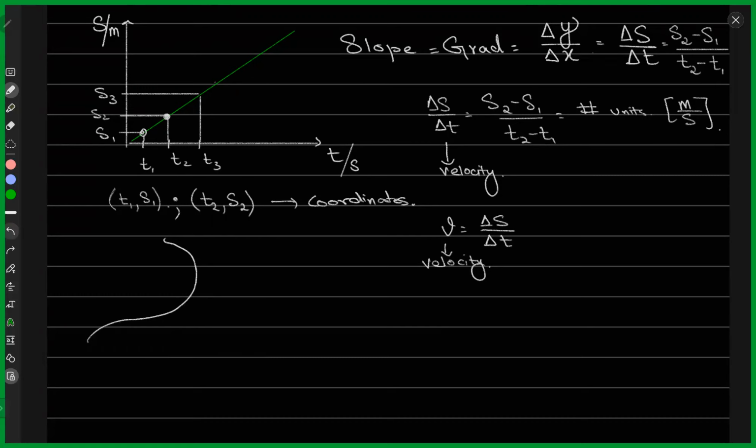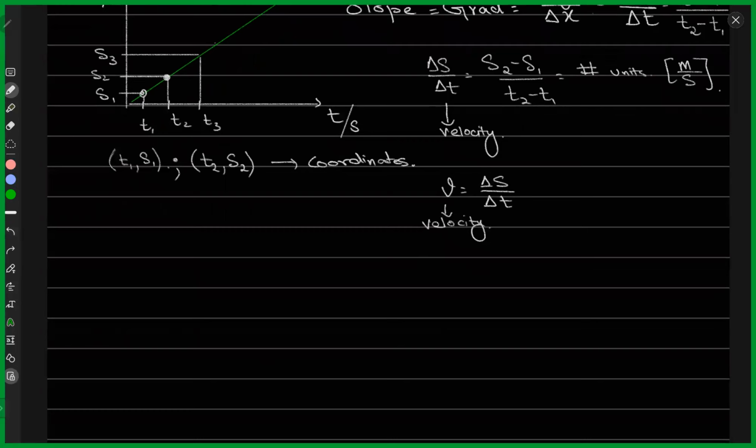This leads us to the fact that whenever you have a curve-like line, the slope on that curve is not going to be a constant value.